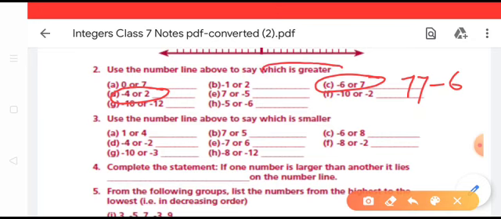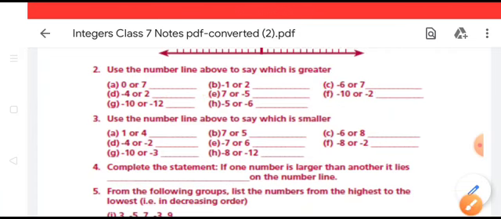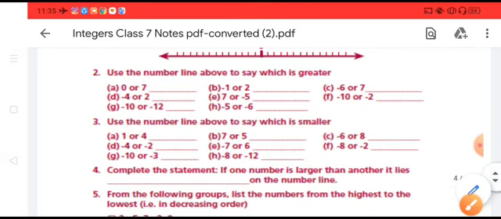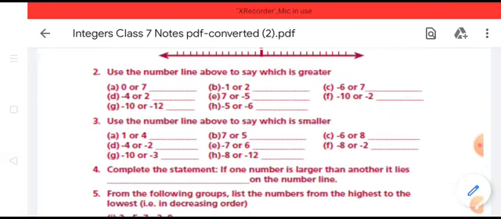Then which is the greatest? This is 7, this is minus 2. So you can pause the video and solve these questions, and if you have any problem then comment.